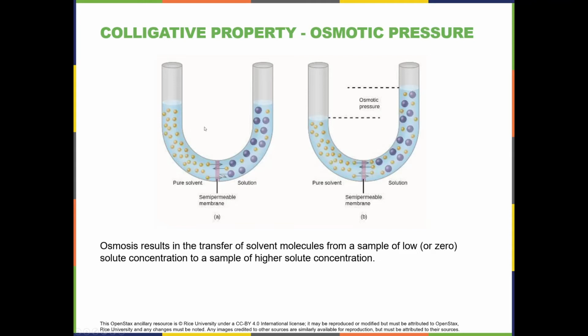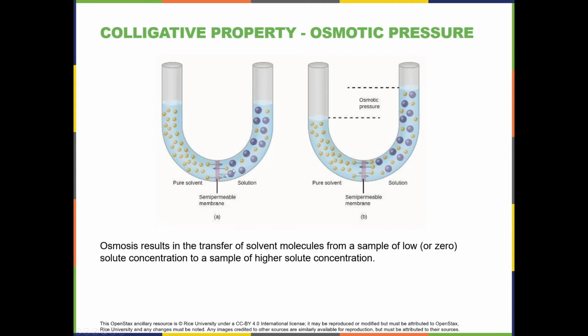We have pure solvent represented by yellow dots here, and here we have a solution where the solvent is represented by the yellow dots and the purple dots represent the solute, sorry. And then we have a semipermeable membrane. What does a semipermeable membrane do? Well, a semipermeable membrane allows the water to pass through, but it doesn't allow the solute to pass through.